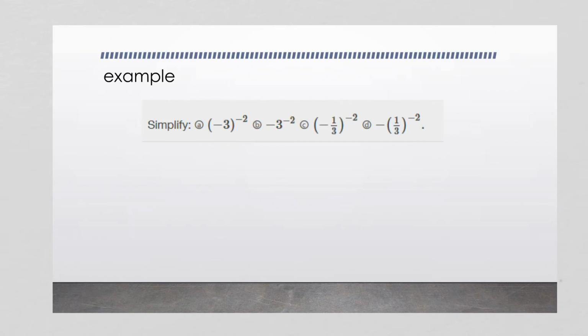Voila, magic. Okay, so let's look at C. So I've got negative 1/3. The whole thing is raised to the negative 2 power. Okay, that means I'm going to take each of these and raise them to the negative 2 power.